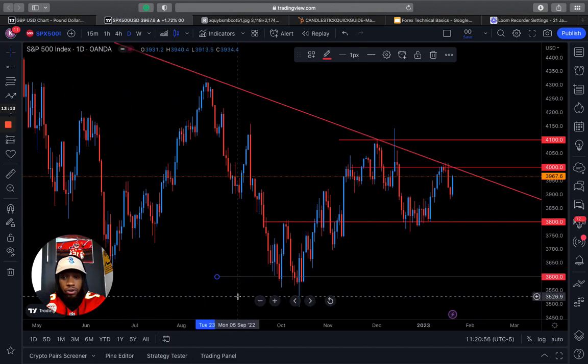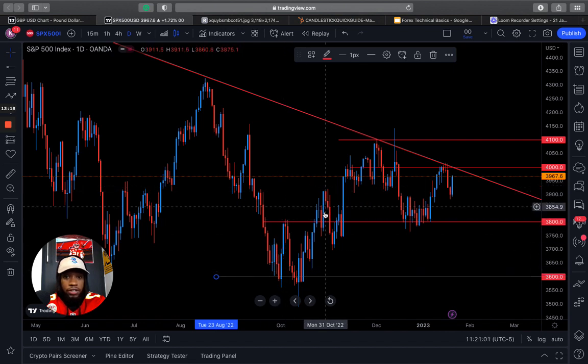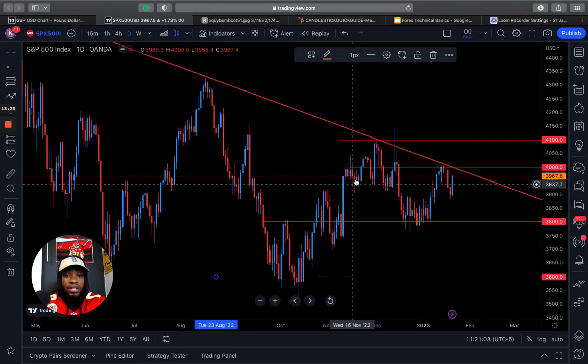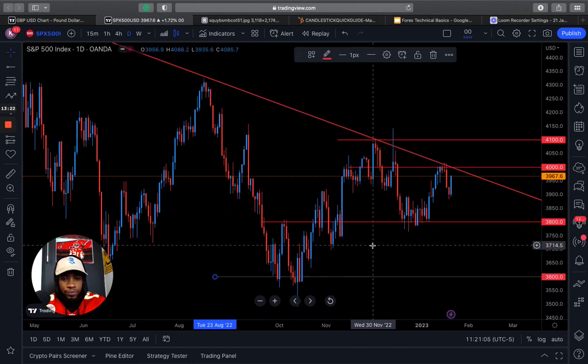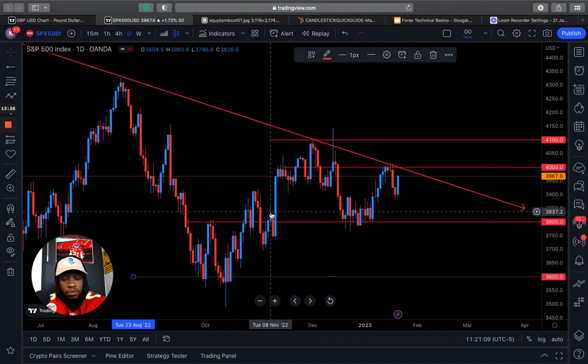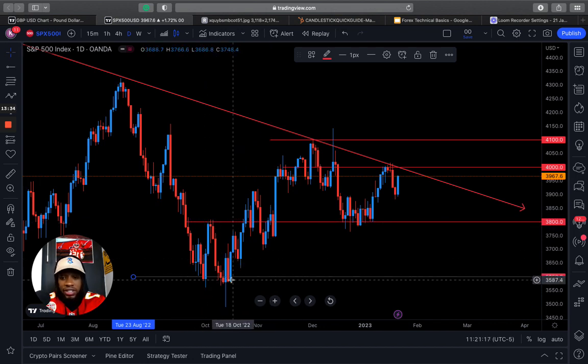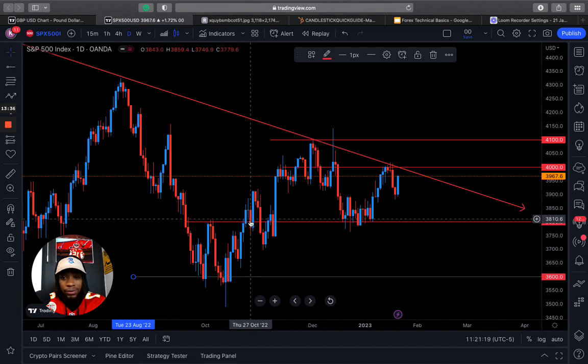We're at a support, formation of a double bottom. Here's our neckline. We break above, we retest this, right? And we continued above, which gives us a strong indication that price at this point in time was very bullish, right? It had enough volume, enough movement, enough strength behind it to break through the neckline of this double bottom and retest it as support.